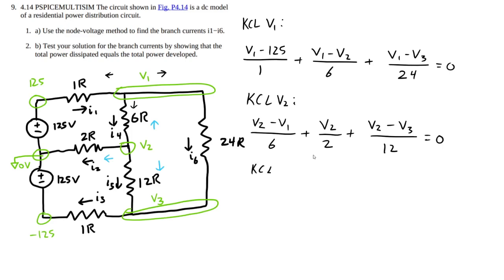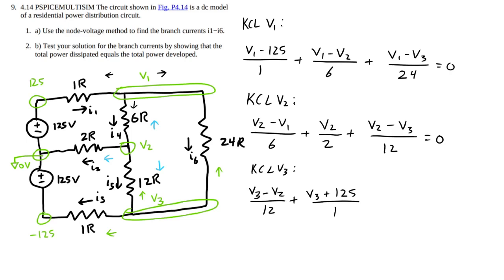And finally, KCL at node V3. This one I'm going to do in green. So current going this way, current going this way, and current going this way. Once again, V3 minus V2 over 12 plus V3 minus negative 125, so the negatives cancel, over 1.